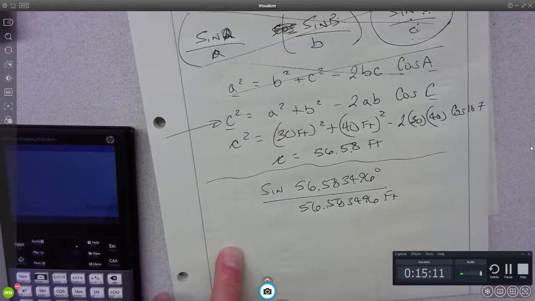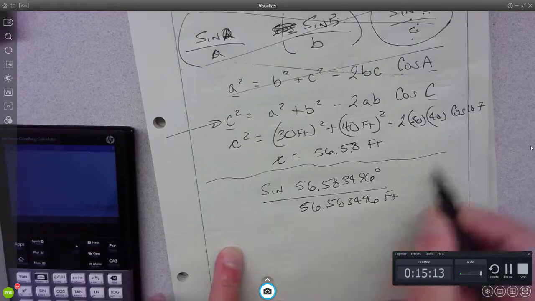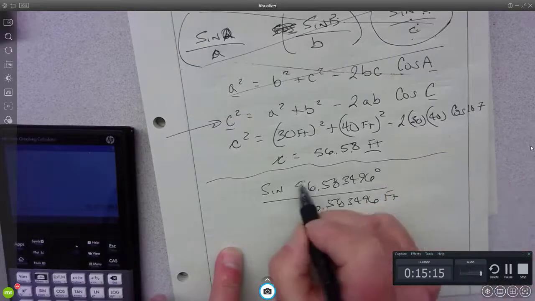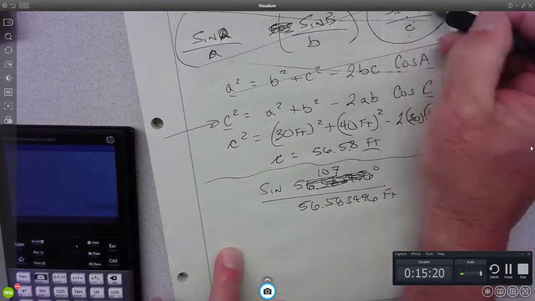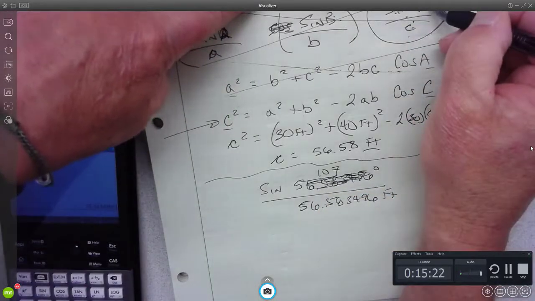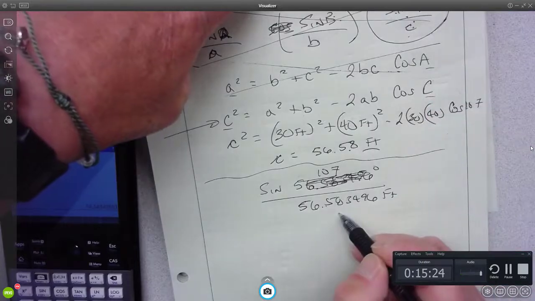That's what I get for going fast. Feet, because it is feet. This is 107. So sine of the angle C, and then the distance below.